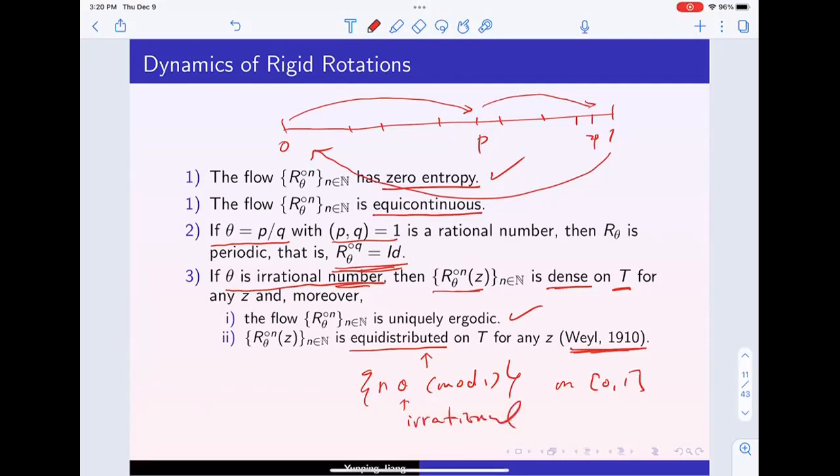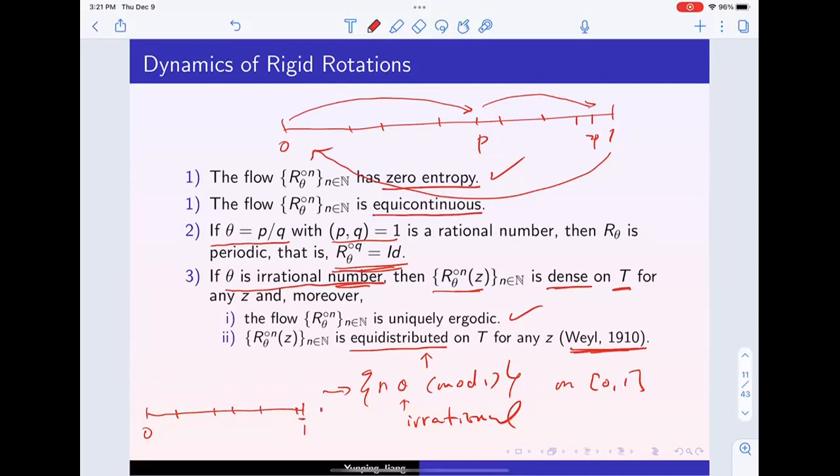So how do you see this in dynamics? Actually, if you have this [0, 1], and theta is irrational, then you can see the orbit will be like this. Then it comes here, and you leave something here.